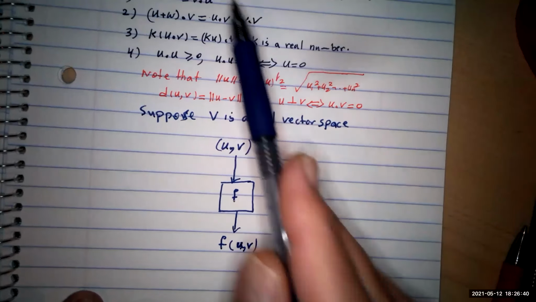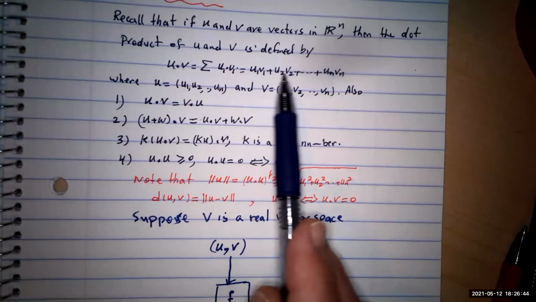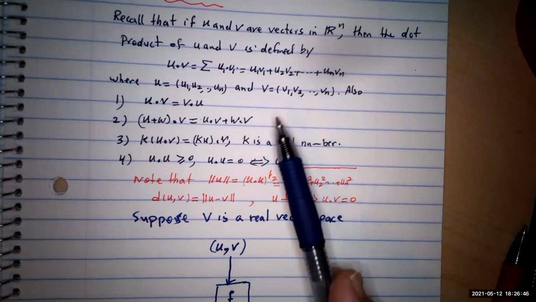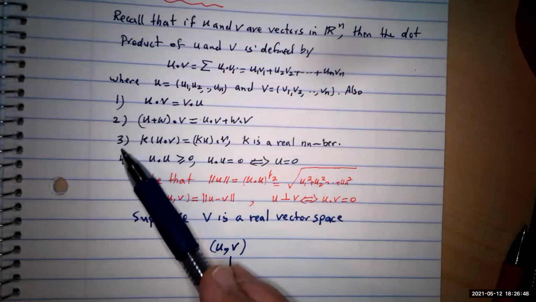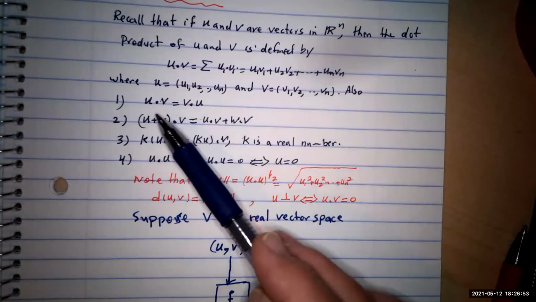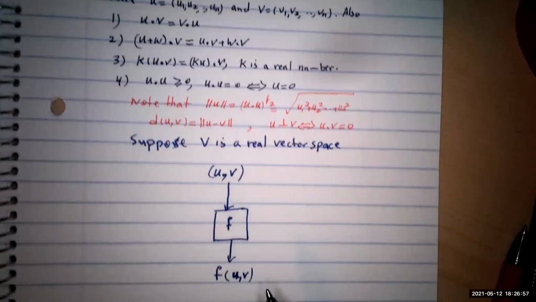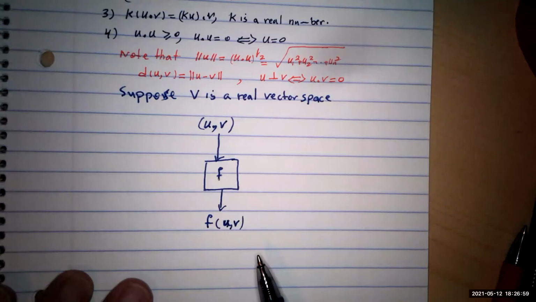I want the result to be a number, so I assign a number to it. But this function must satisfy these four conditions that I put over here, because I want to replace the dot. Anytime you see the dot here, I change it to what I call the inner product.